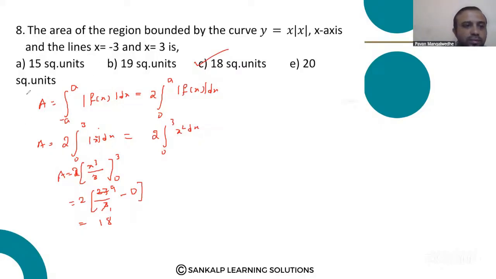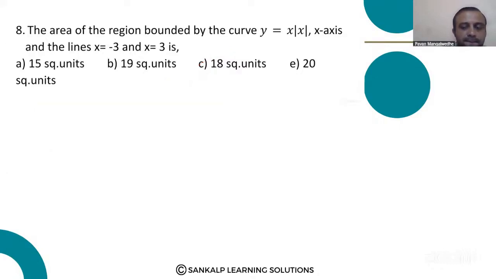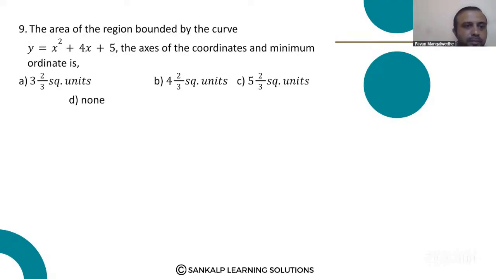So next one is the area of the region bounded by the curve y is equal to x square plus 4x plus 5, the axis of coordinates and the minimum ordinate. Option A is 3 integer 2 by 3 square units, B 4 integer 2 by 3, C 5 integer 2 by 3, and option D is none of these.